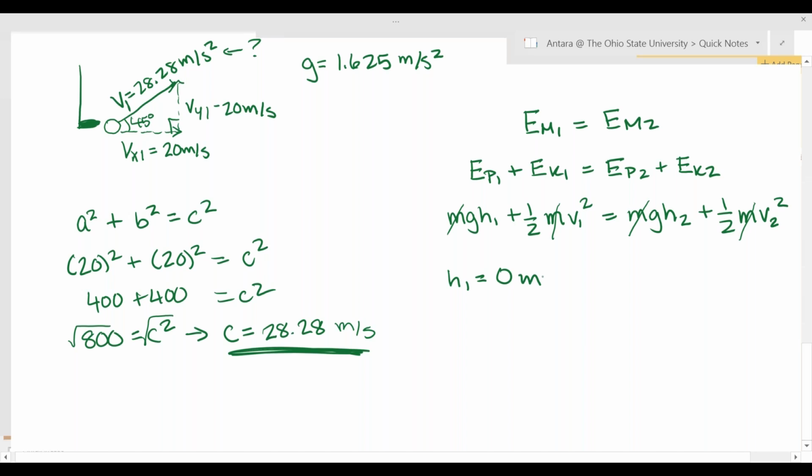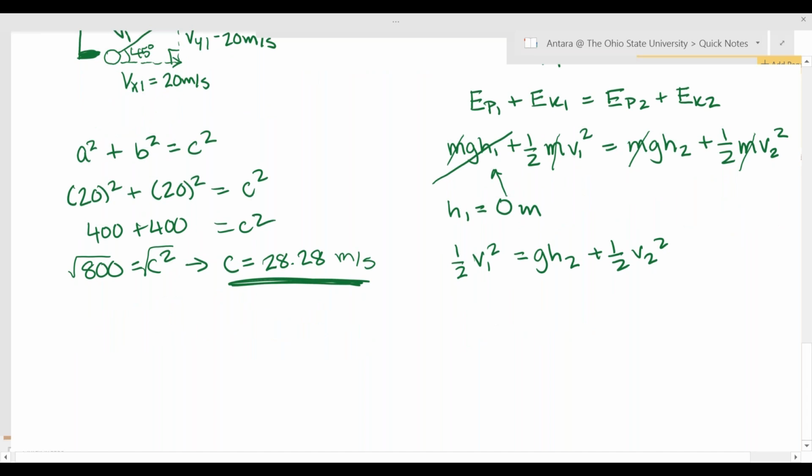So since it's 0 meters, this term just goes away. So it's going to be simplified into 1/2 v1 squared equals gh2 plus 1/2 v2 squared.